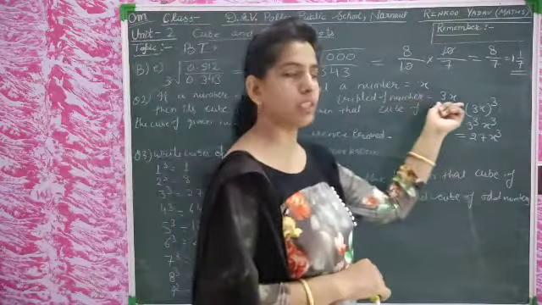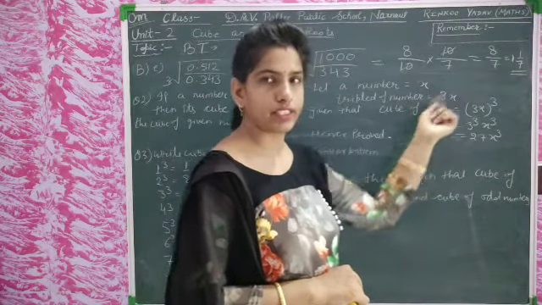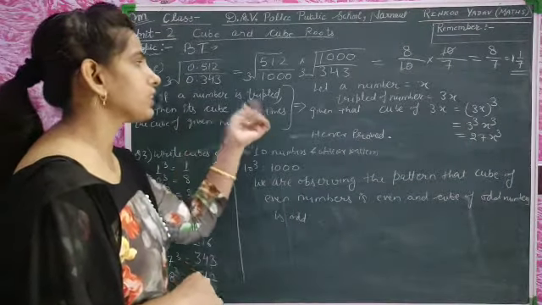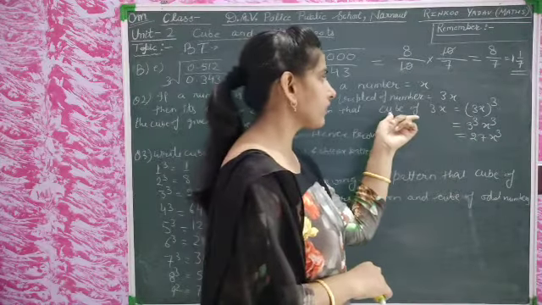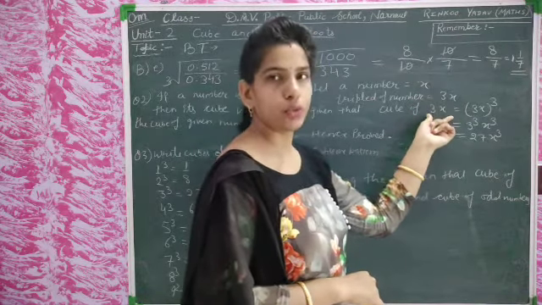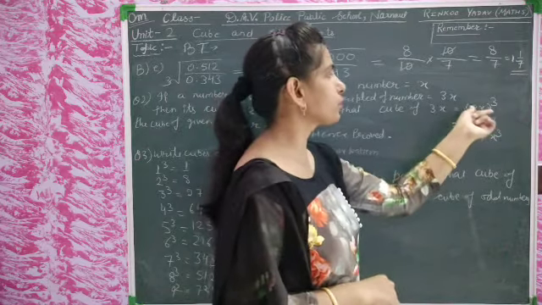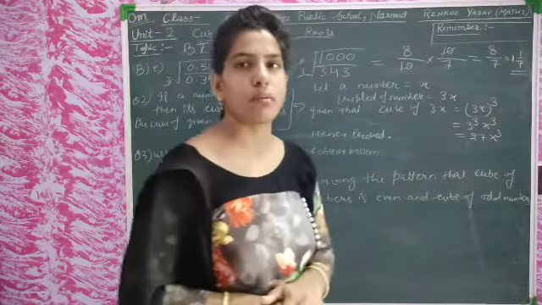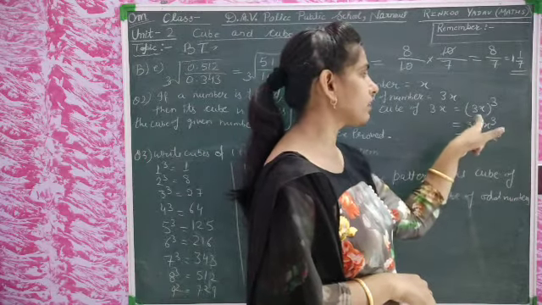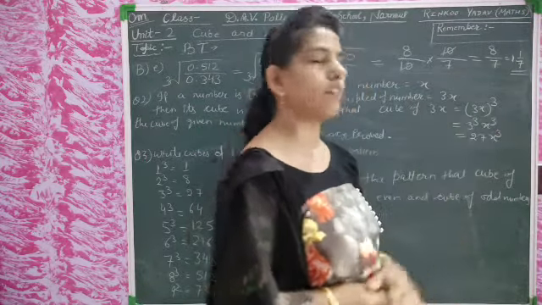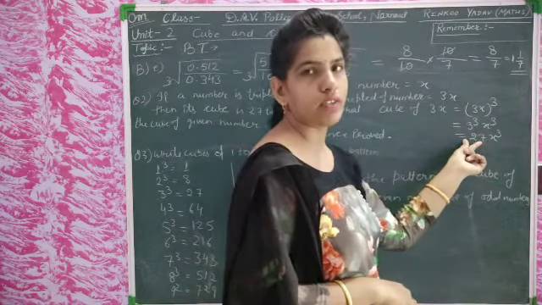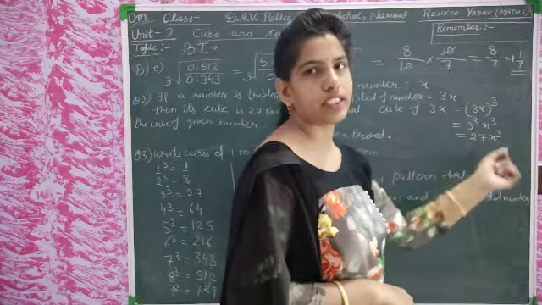So the tripled number is 3 times x, and we have to prove that its cube is 27 times. It means we have to check the cube of 3x, which equals 3x to the power 3. It means we raise 3 to the power 3 and x to the power 3. We will solve: the cube of 3 is 27 and the cube of x is x cube.